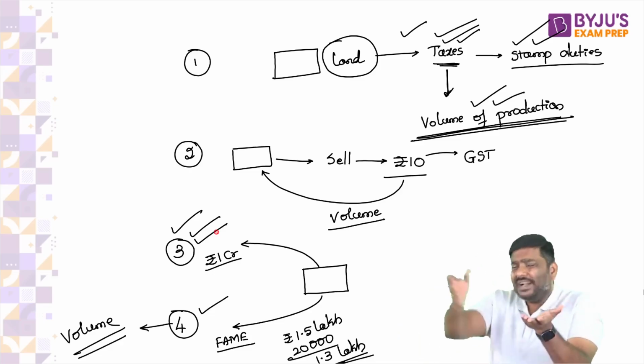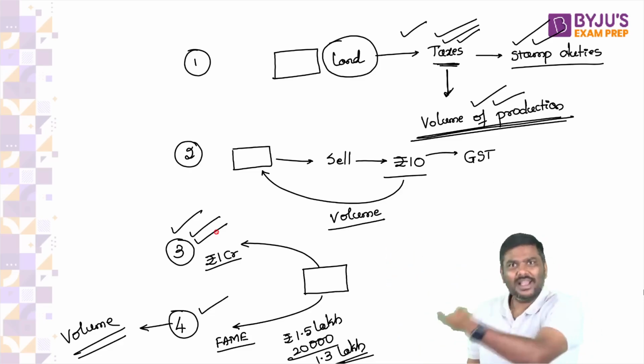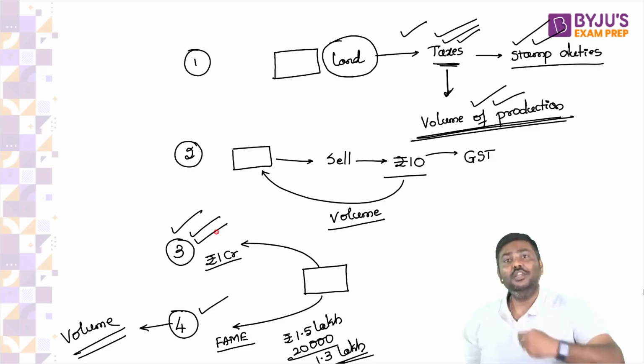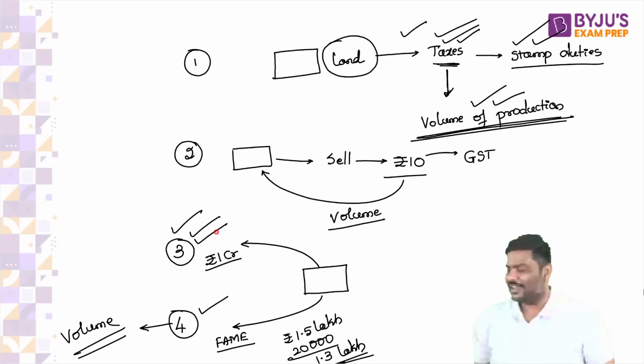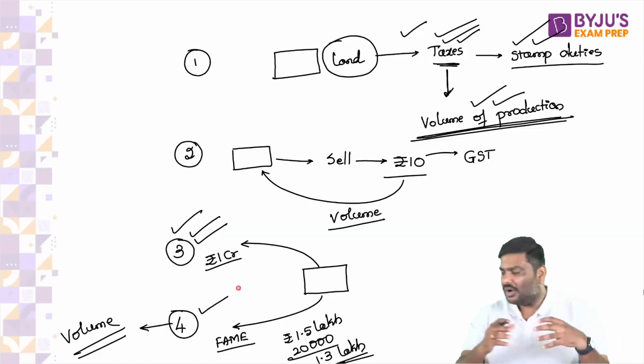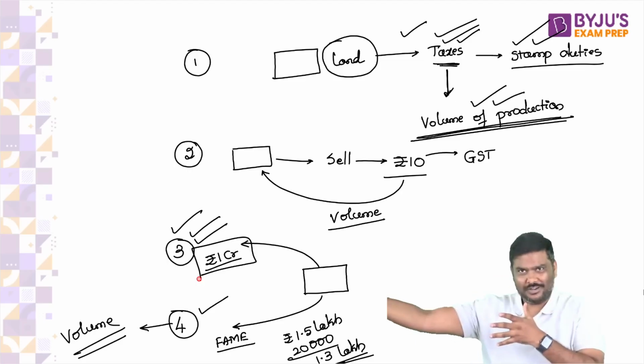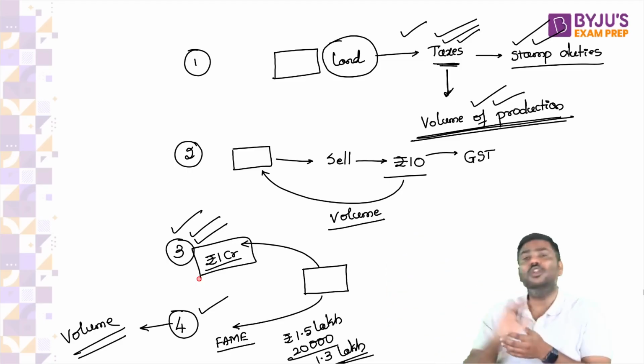Is it dependent on how many goods you're producing? No. Listen to the lecture carefully. In this example, it is not at all dependent on the volume of production. It is independent of the volume of production.